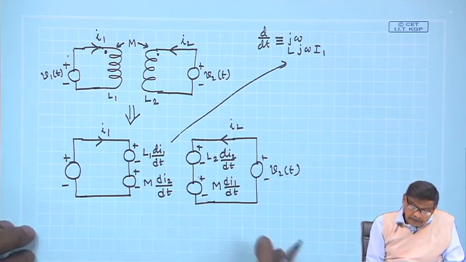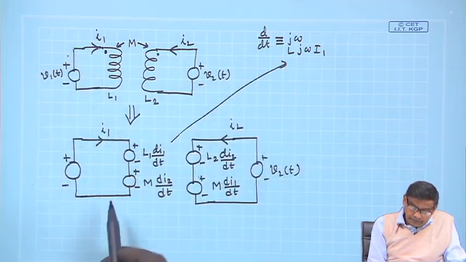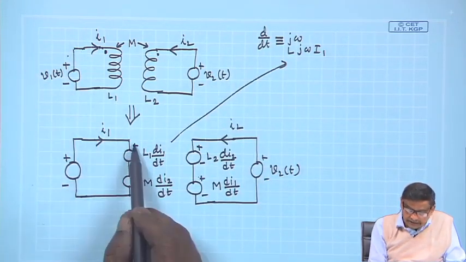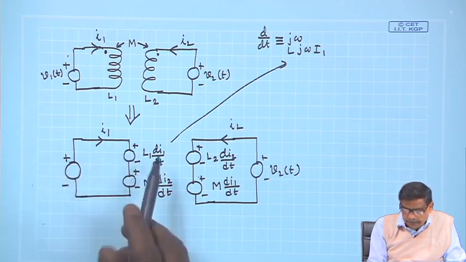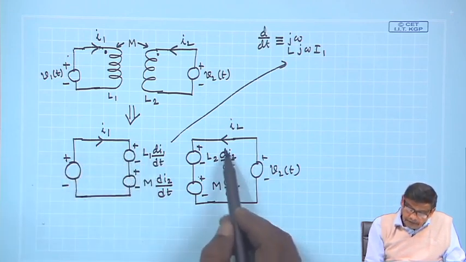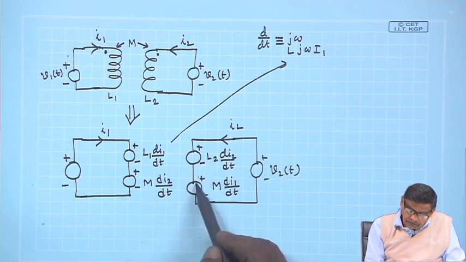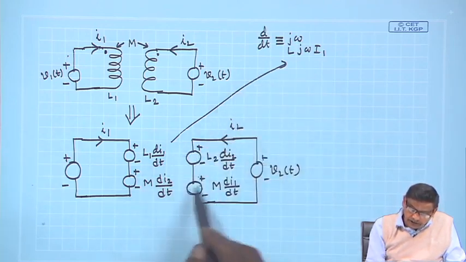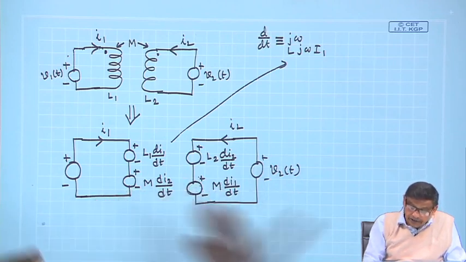Why? See, there are now 2 sources, and so far as this part is concerned, current is entering through the positive here, power is absorbed, and about these 2 sources also power is being absorbed. Sources means they are inductances, coupled inductances.